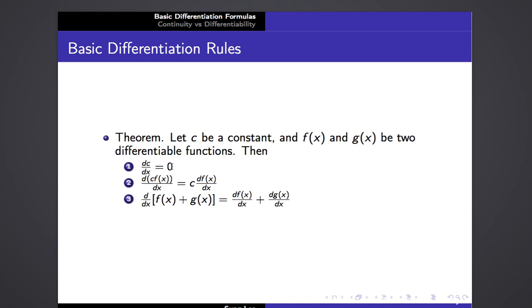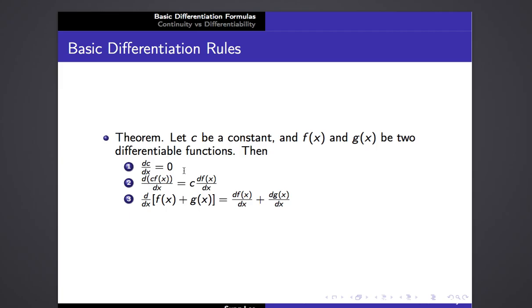So that way you can easily see that the derivative of a constant function is always 0. Another way you can see this is by direct calculation using the definition, but there's no need. Next one, the derivative of c times f of x with respect to x.